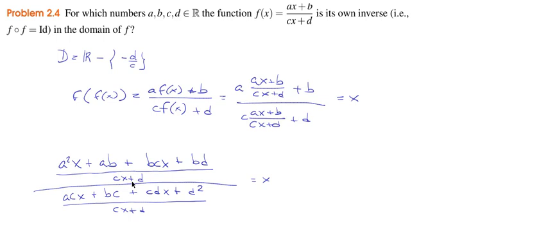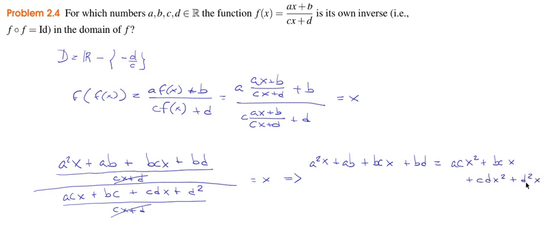Now assuming cx plus d is not 0, and we know it can't be 0 because f is not defined there, we can cancel and multiply both sides, so we get a squared x plus ab plus bcx plus bd equal to acx squared plus bcx plus cdx squared plus d squared x.